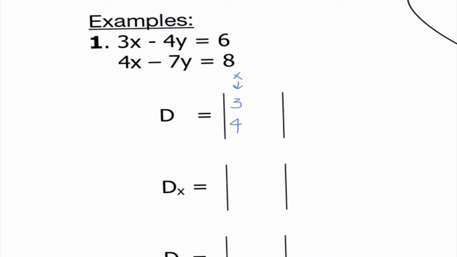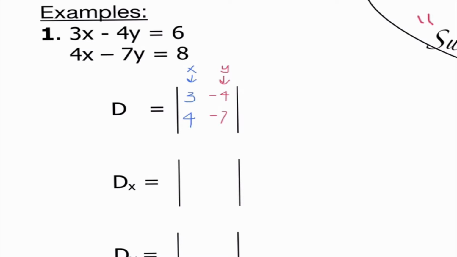My second column are going to be my y coefficients, which in this case are -4 and -7. Okay, so that's the very first step in setting up determinant D, putting our x coefficients in our first column, our y coefficients in our second column.